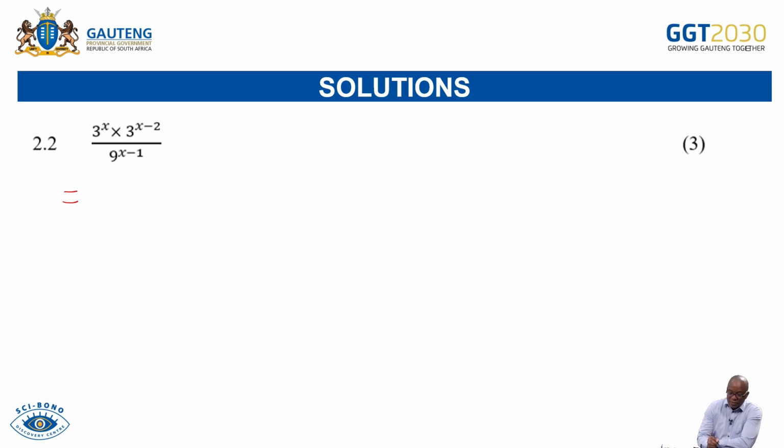So in this case, what do we have? We can see that in the numerator, we have bases that are the same, which is 3. But in the denominator, we have the base of 9.